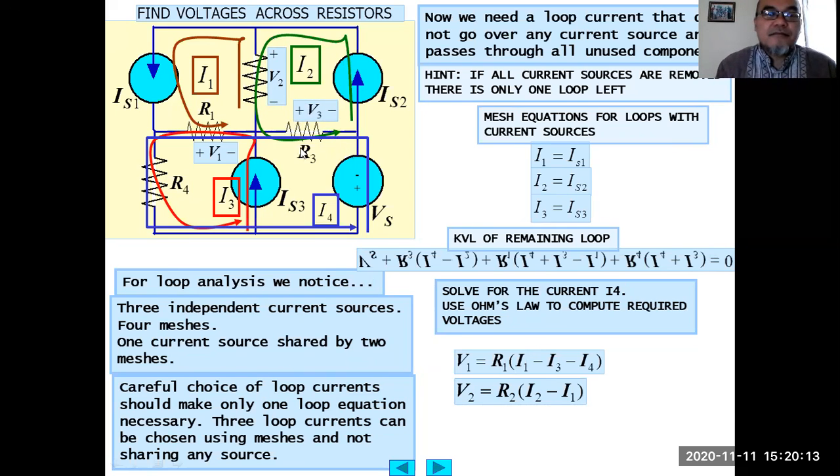V3 will equal R3 multiplied by (I2 minus I4). I2 is entering into its positive terminal, while I4 is entering through its negative terminal. So I4's sign will be negative here.